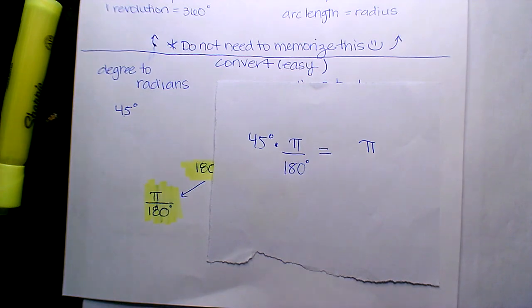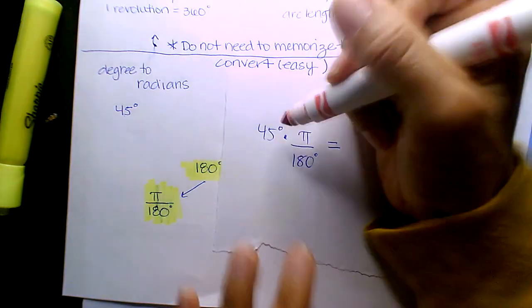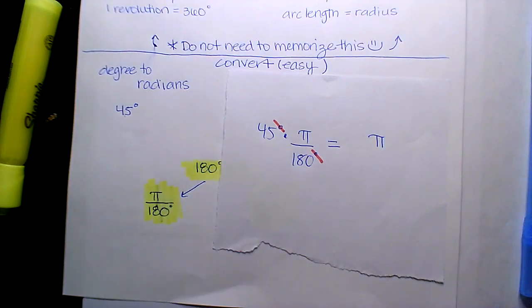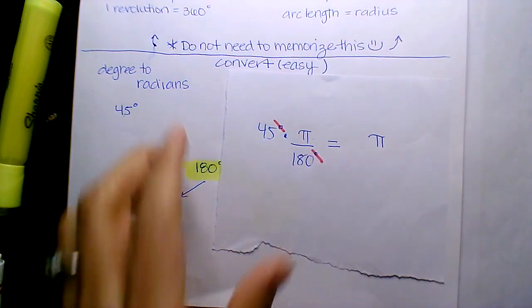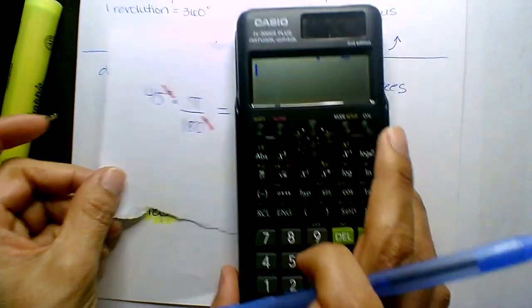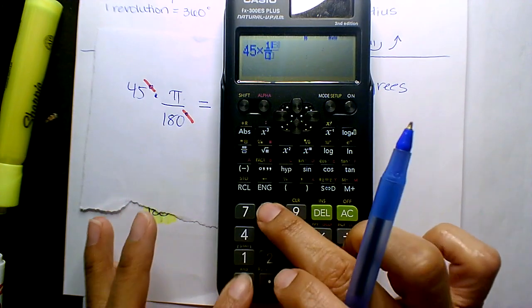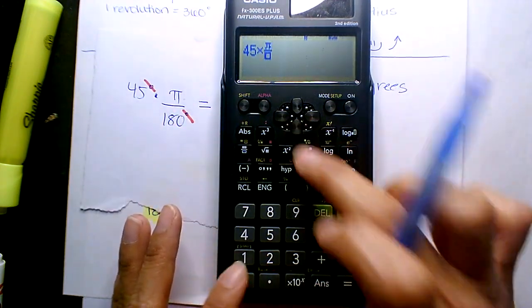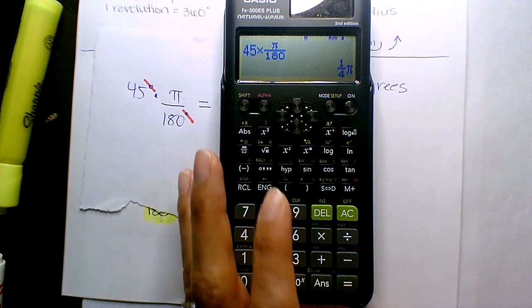Okay, so notice here is my degree bubble, and so now I have taken out my degree unit of measure. Yeah? You have to divide out. Okay, so then I'm left with pi, and then on a calculator, you just hit 45 times pi, shift pi, down 180, and I get 1/4 pi.